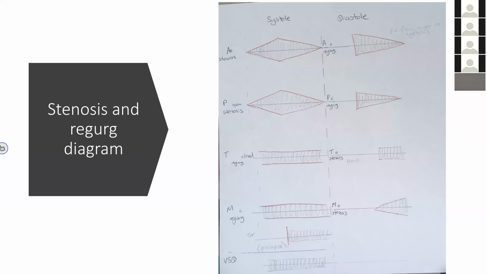So this is a little diagram that I drew of stenosis and regurgitation. This is more useful for clinical skills. You've got systole and diastole, and for aortic and pulmonary valves you get stenosis in systole and regurgitation in diastole, and for the tricuspid and mitral valves you have regurgitation in systole and stenosis in diastole.